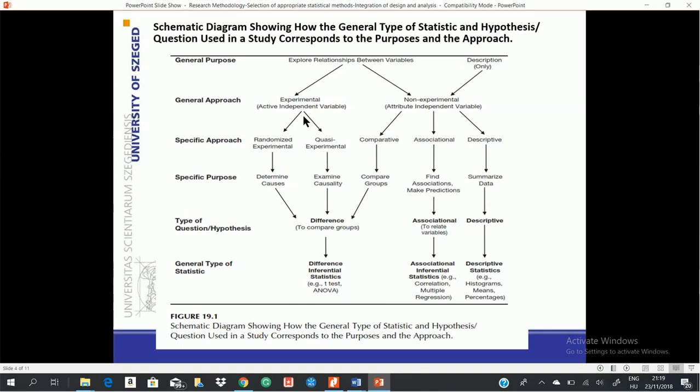For non-parametric, there are McNemar, Pearson, and Kendall's tau. For descriptive statistics, you can do histogram, means, percentage, and if you want a comprehensive description of the data, you can use the Rasch model because it is very contemporary for descriptive statistics.